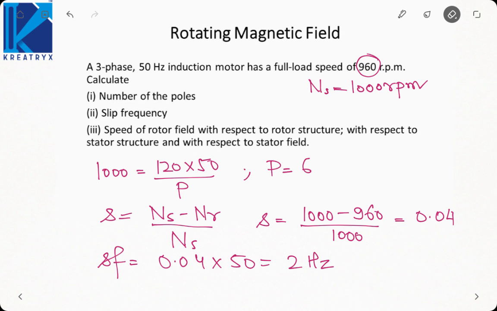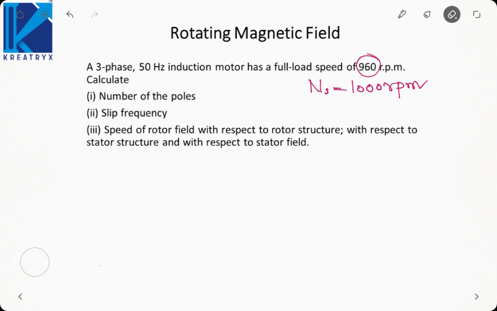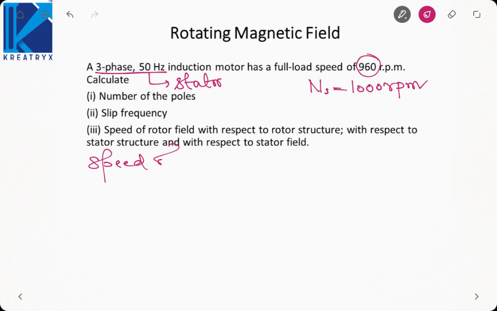Next it is asking us different speeds. So first is speed of rotor field with respect to rotor. Now here, when it is not given, this supply can be assumed to be on stator. So speed of stator field with respect to stator, how much will it be?